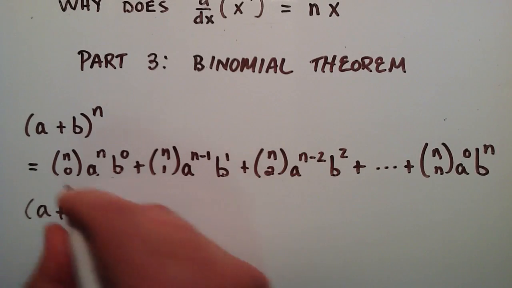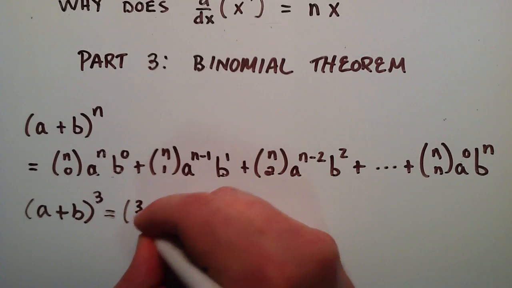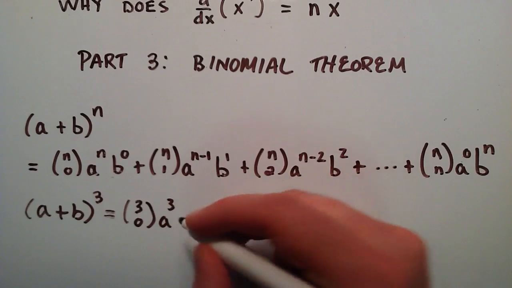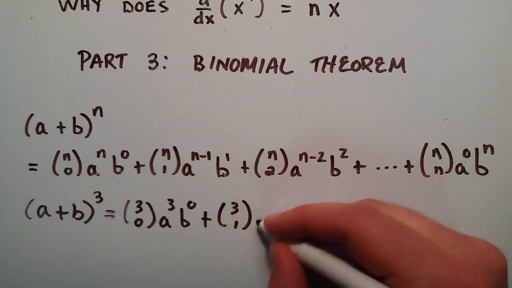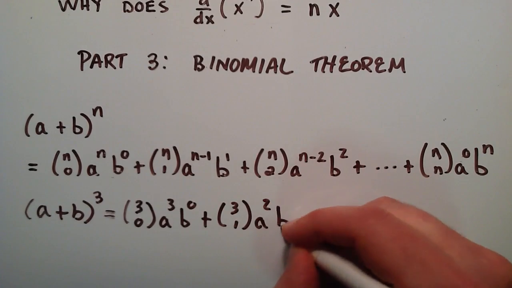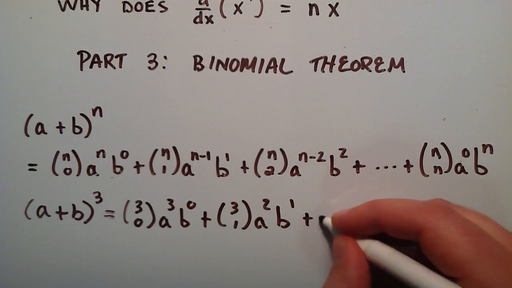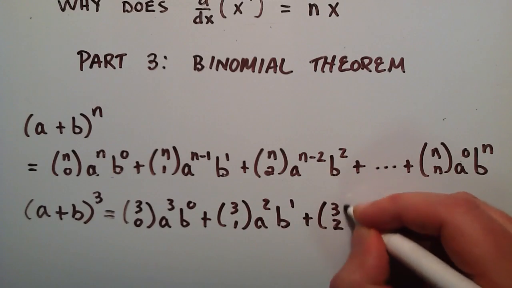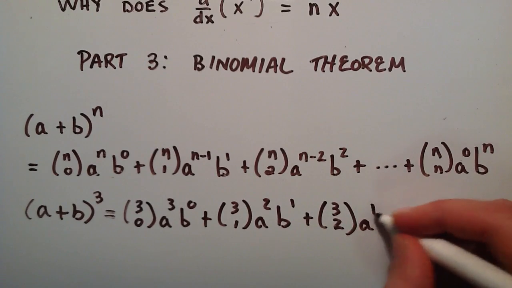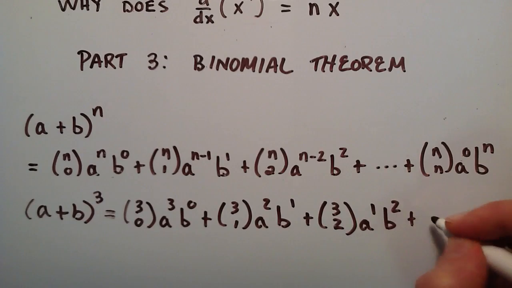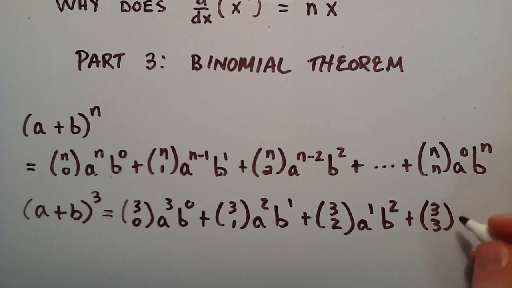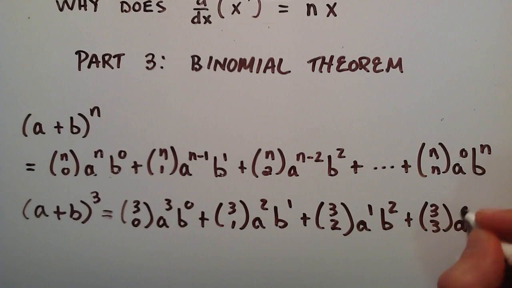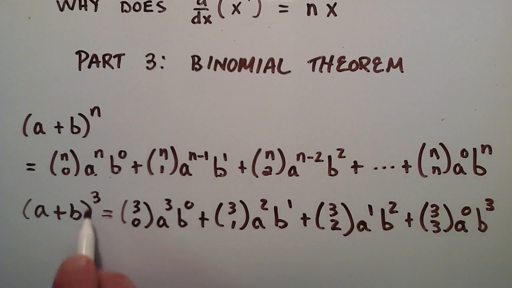If I follow this pattern here, this is going to be 3 choose 0, a to the 3, b to the 0, plus 3 choose 1, a squared, b to the 1st, plus 3 choose 2, a to the 1st, b squared, plus 3 choose 3, which is our n choose n term, the last term, a to the 0, b to the 3rd power, since n was equal to 3.